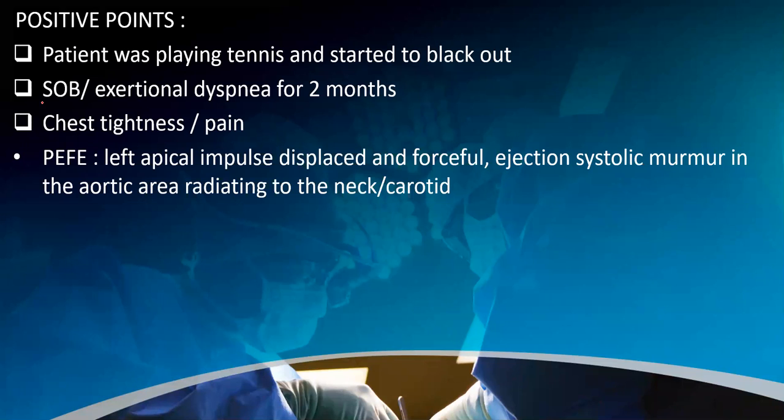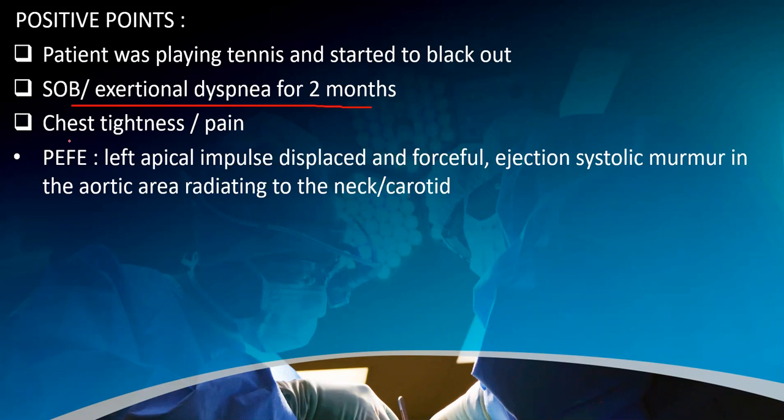The patient also will tell you that he has felt exertional dyspnea or shortness of breath for the last 2 months. Mainly when he does some exercise or exertion, he feels dyspneic. During that time, the patient also feels chest tightness or spasm rather than full-blown chest pain.